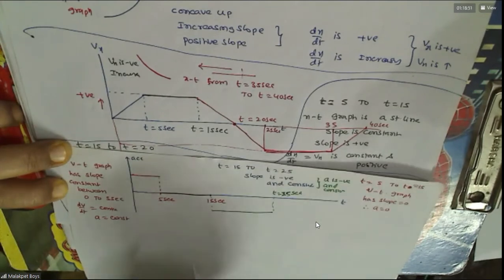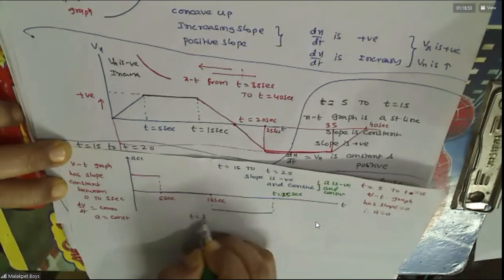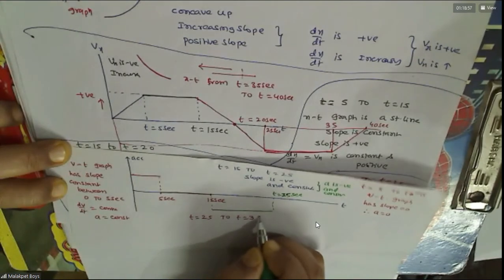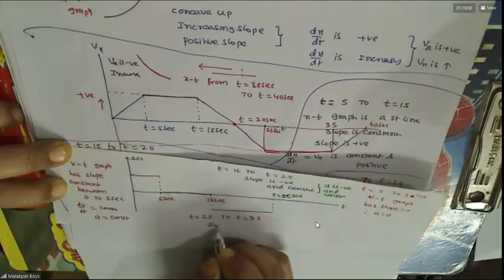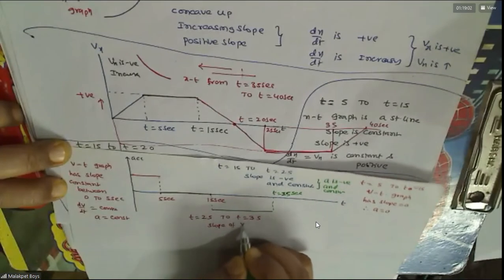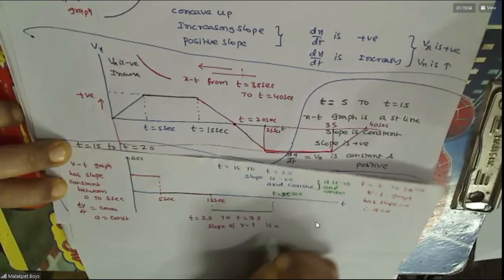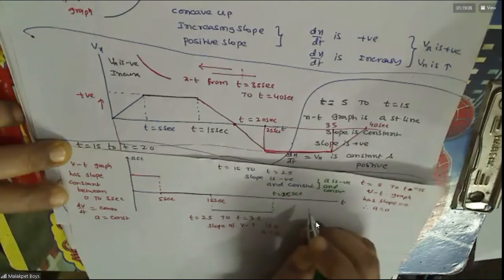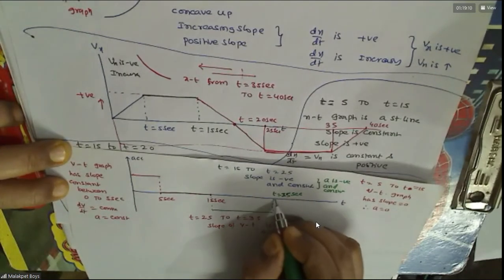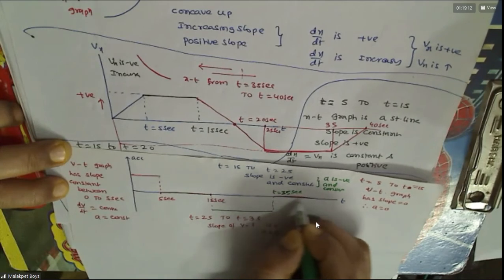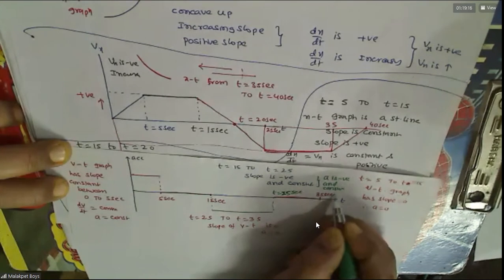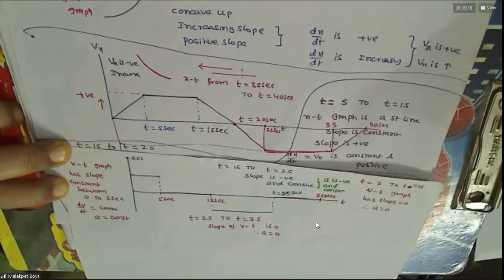For t equals 25 to 35, the slope of vt is 0. Therefore, acceleration is 0. So till here you have acceleration as 0.